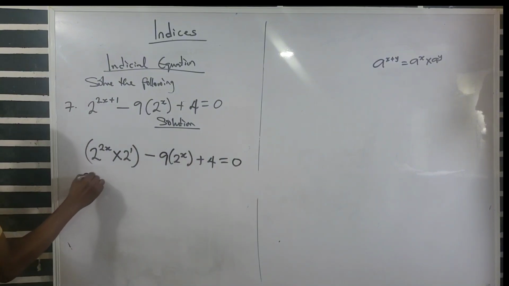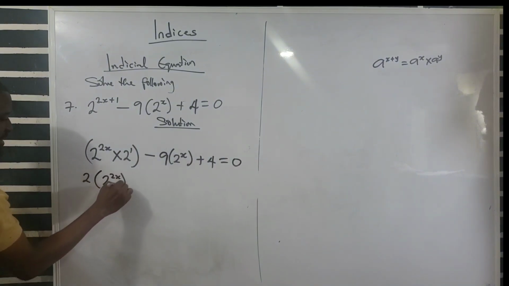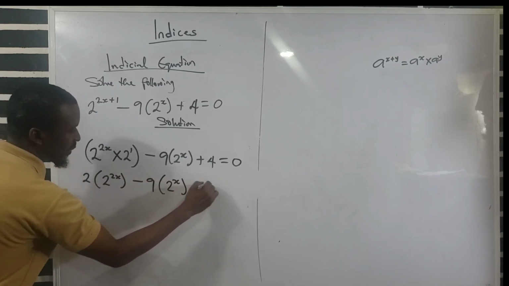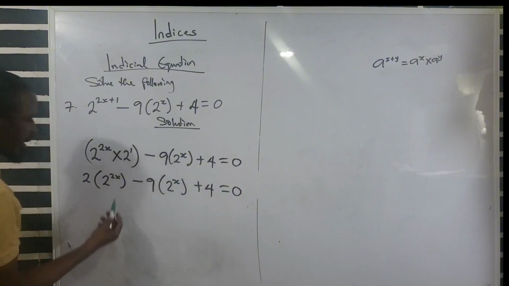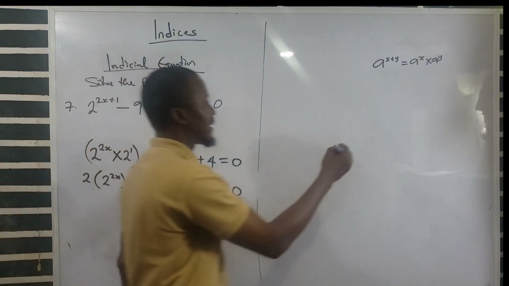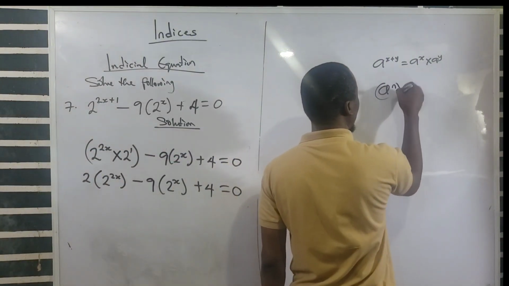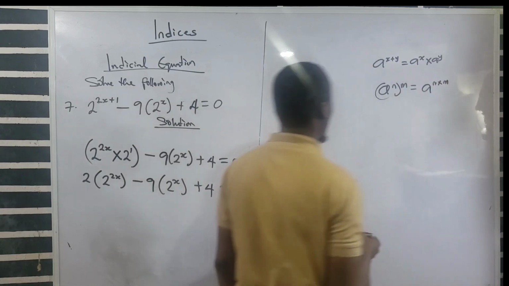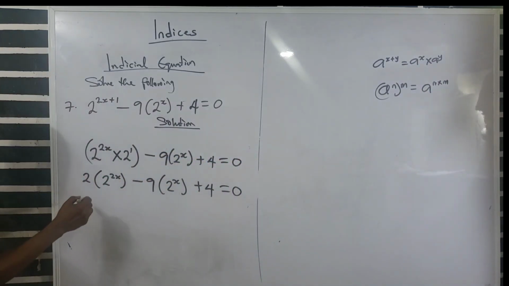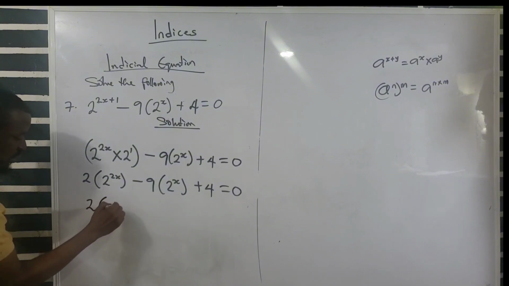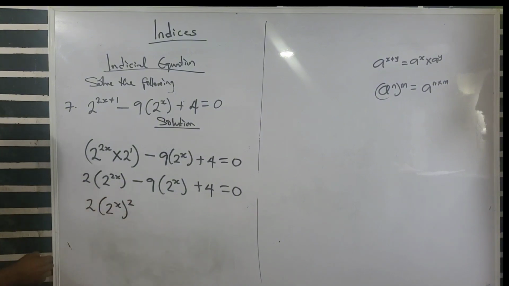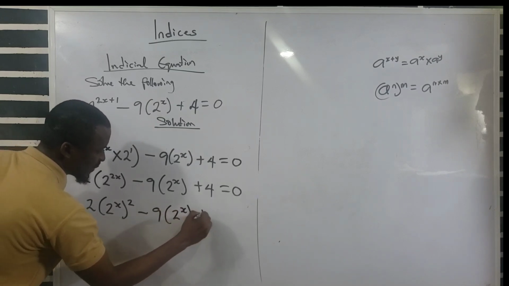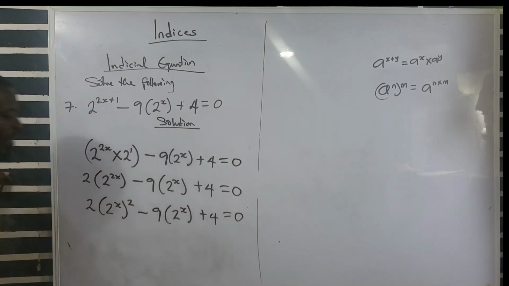So this will give us 2 into 2^(2x) minus 9 into 2^x plus 4 equal to 0. Now for this one, remember that (a^n)^m will give us a^(nm). So if you do that here, you have 2 into (2^x) squared, minus 9 into 2 raised to power x plus 4 equal to 0.